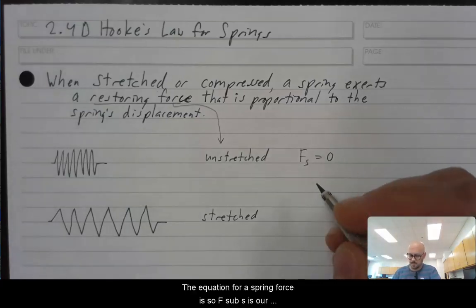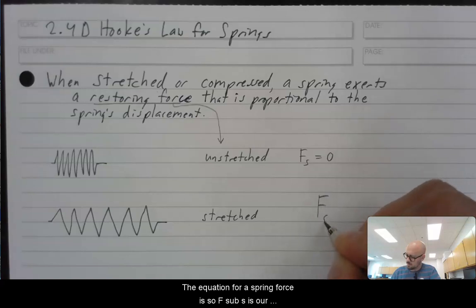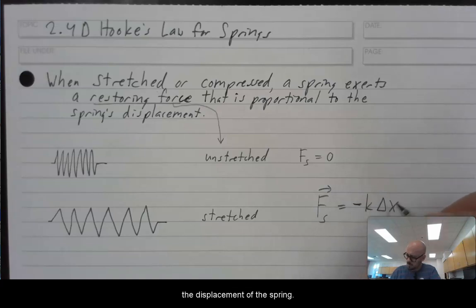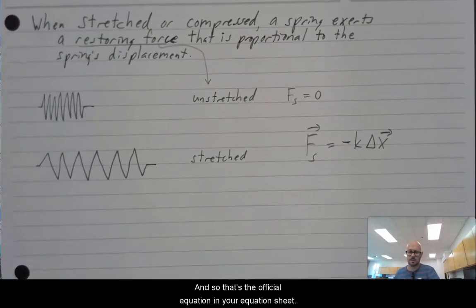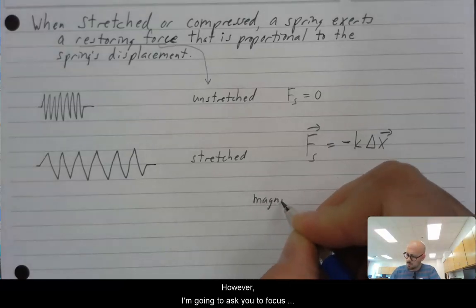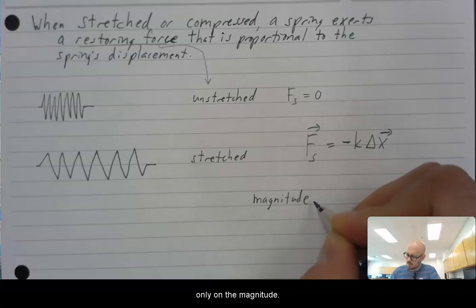The equation for a spring force is, so F sub S is our variable for spring force. That is equal to negative k times the displacement of the spring. And so that's the official equation in your equation sheet. However, I'm going to ask you to focus only on the magnitude.